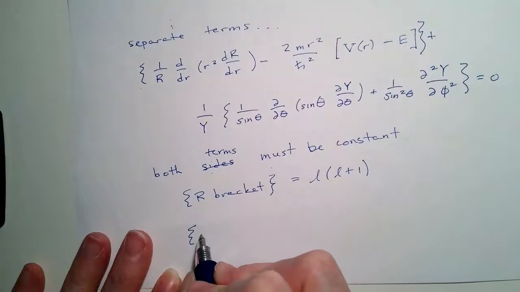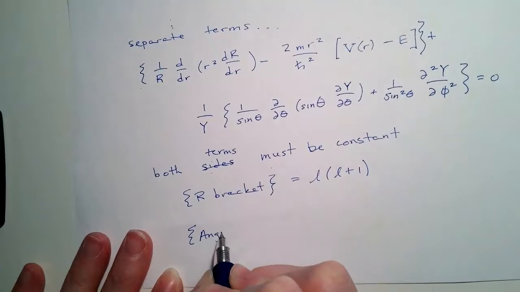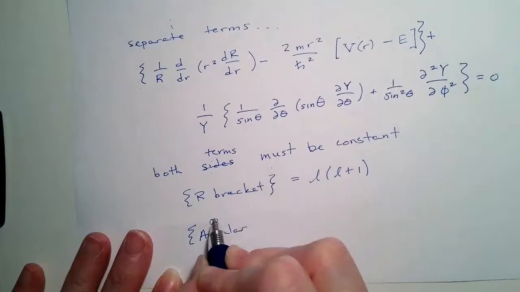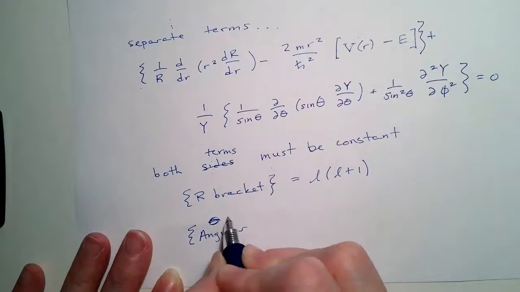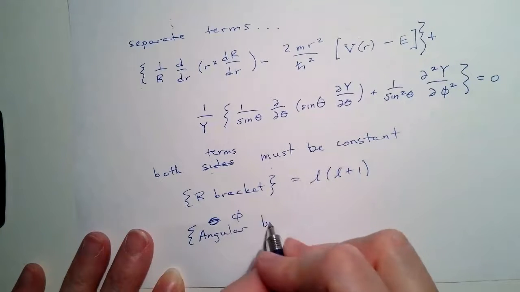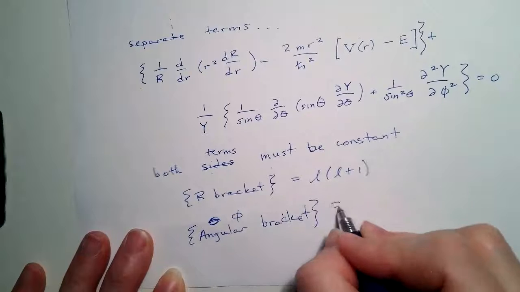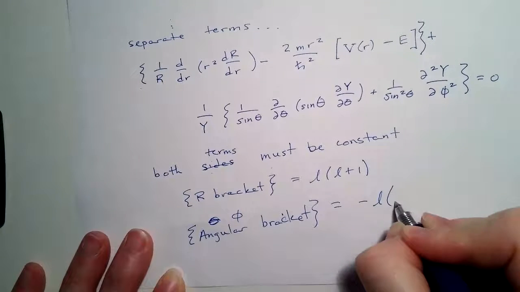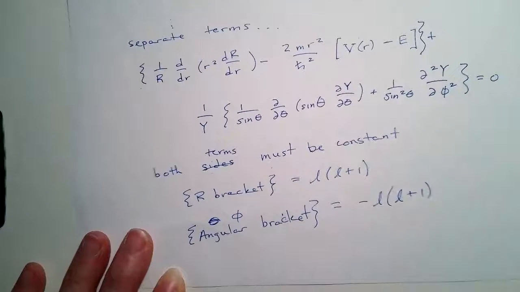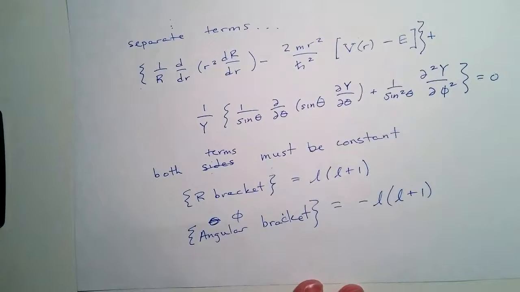And then our angular bracket, so that's my theta and my phi. If adding this to the R bracket gives us 0, we have to say our angular bracket is equal to minus L times the quantity L plus 1.